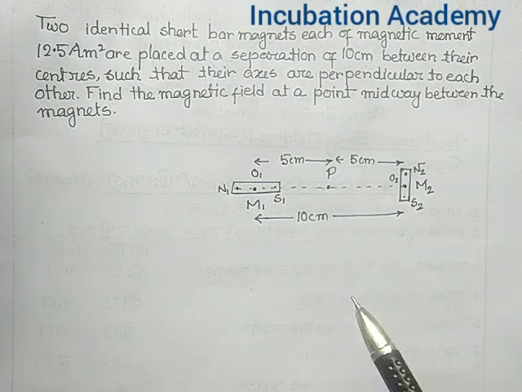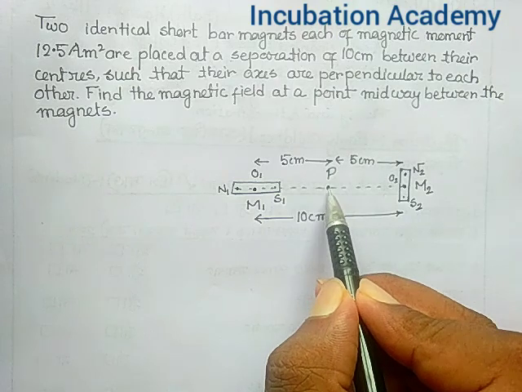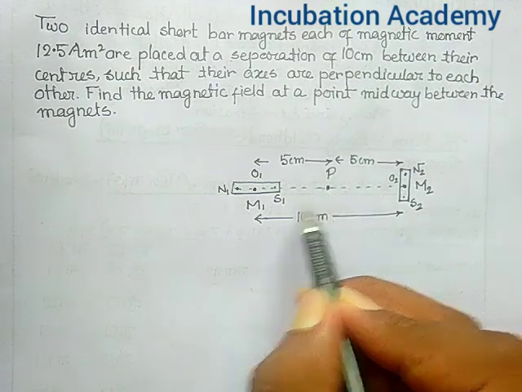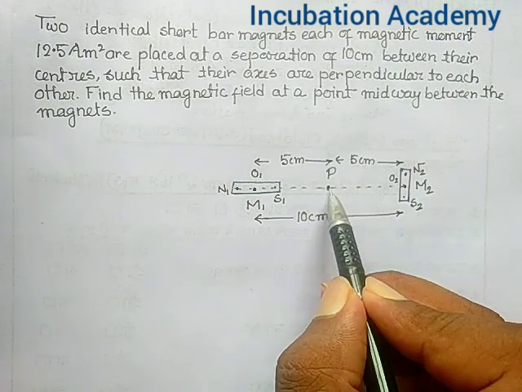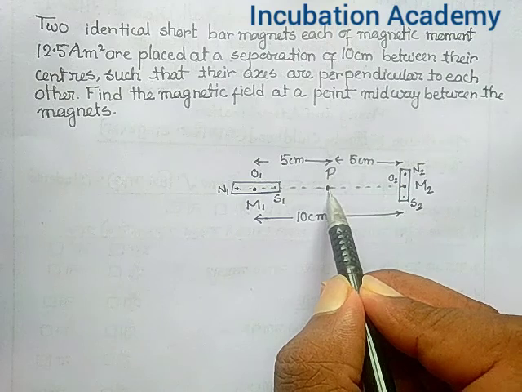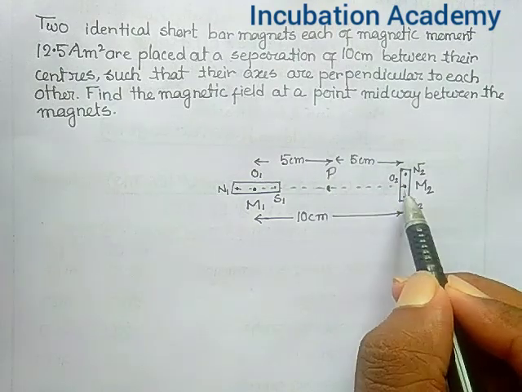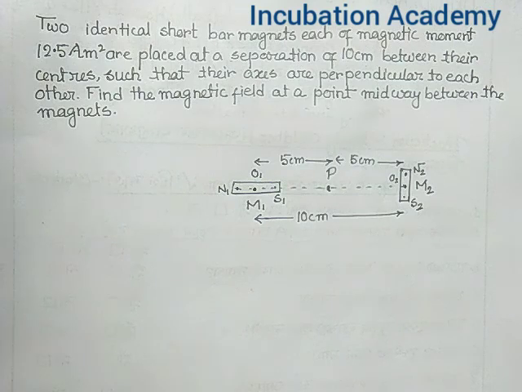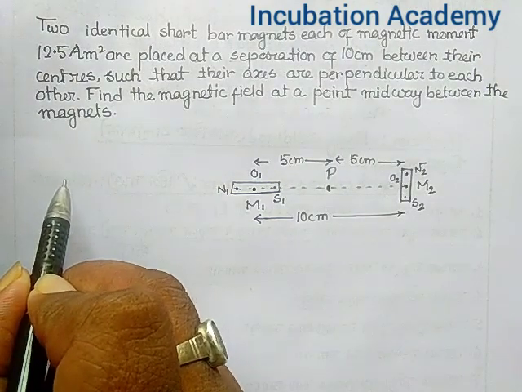So we can see the point P is on the end-on position, or the axial position, of M1, but the point P is on the broadside-on position, or on the perpendicular bisector, or the equatorial position, of M2. So what is the magnetic field at P due to magnet 1?